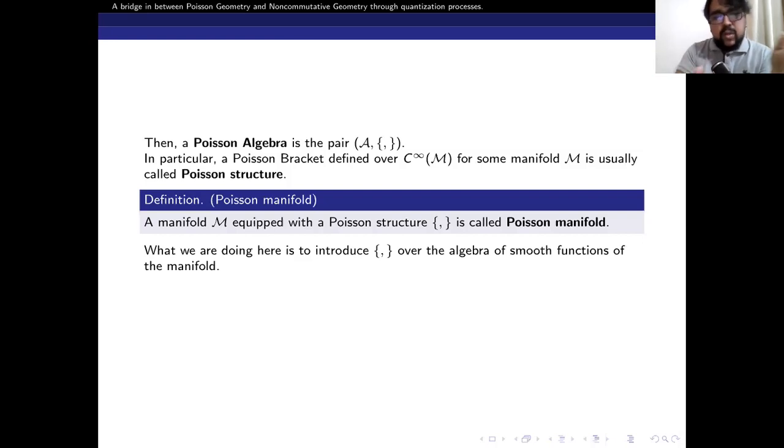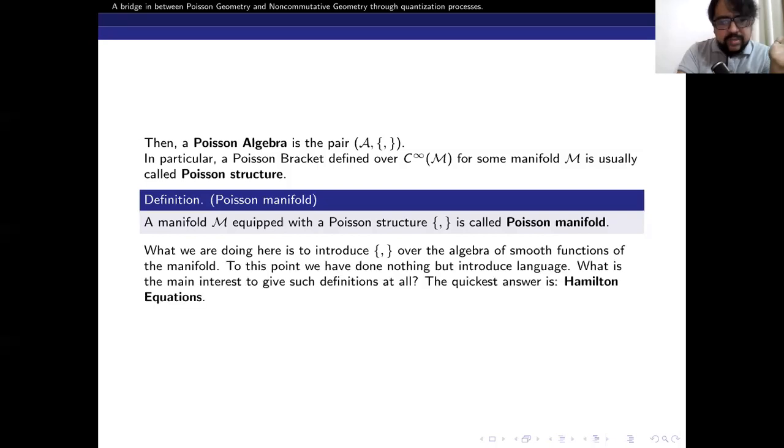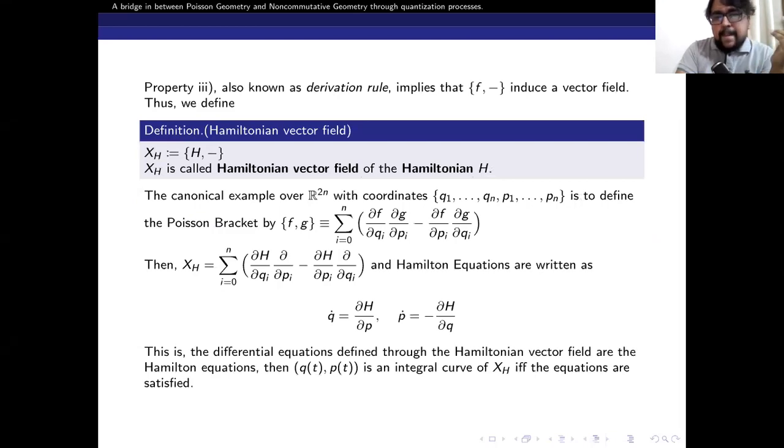So a manifold equipped with a Poisson structure is called a Poisson manifold. To this point, we actually have done nothing but introduce language. So what is the main interest in giving such definitions? Well, the quickest answer, at least for me, is the Hamilton equations. So property 3, as I was saying, also known as the derivation rule, implies that if we plug a function in this bracket and leave the other entry free, this induces a vector field.